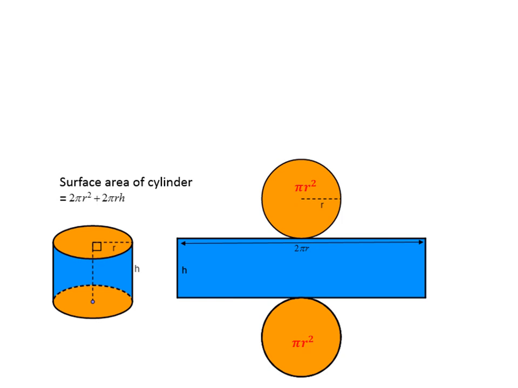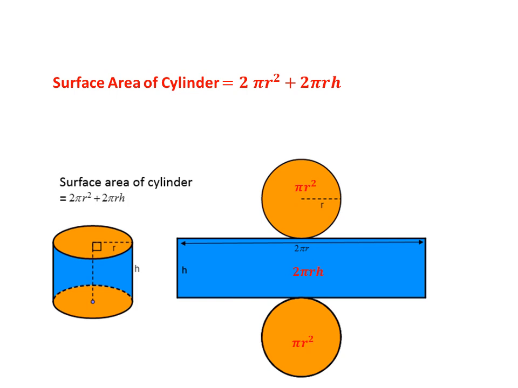So the area of this part equals 2 pi r h. Now the surface area of the cylinder equals 2 pi r squared, this is the area of two circles, plus 2 pi r h. This is how to find the surface area of a cylinder.